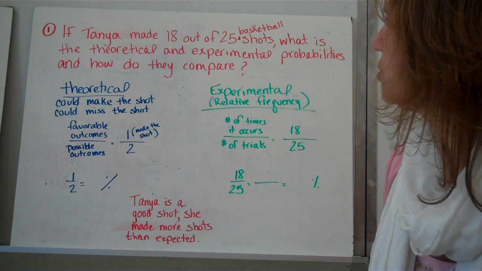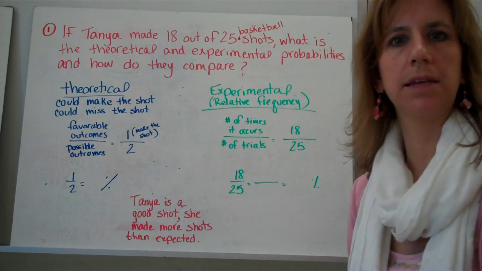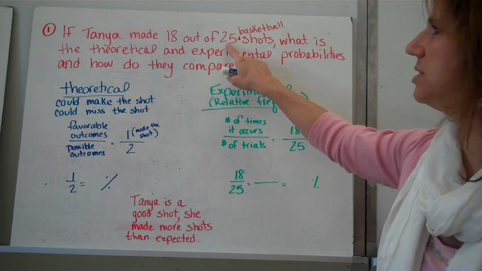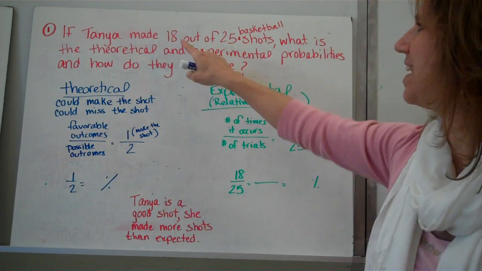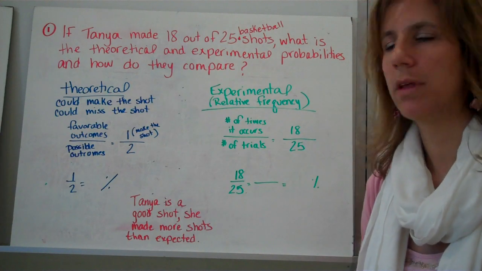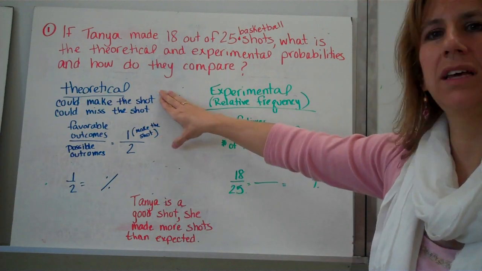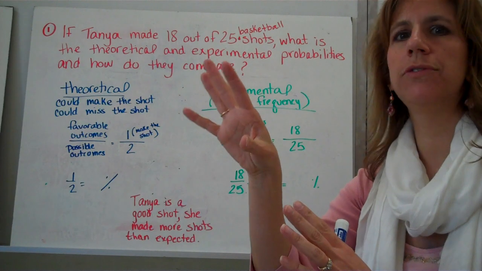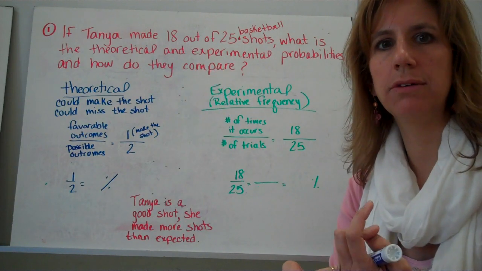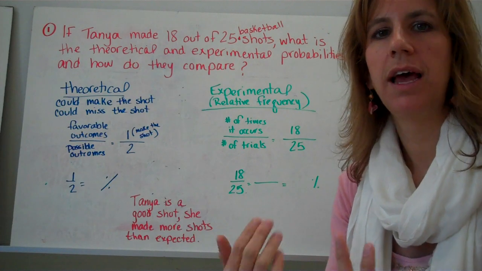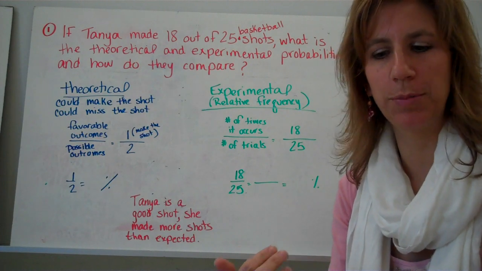All right, great. So we have Tanya throwing some basketballs, and as you can see, she's done 25 attempts at getting the basketball in the net, and 18 times it went in. All right, so theoretically, what could happen when she throws the basketball? It could go in the net, or she could miss it, right? There's various ways to miss, as I know, because I'm not a very good basketball player.